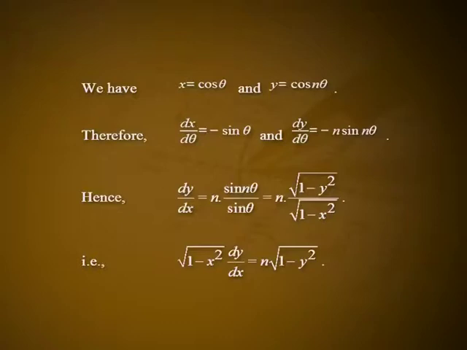Therefore, dx by d theta is equal to minus sin theta and dy by d theta is equal to minus n sin n theta. Hence, dy by dx is equal to n into sin n theta divided by sin theta, which is equal to n into square root of 1 minus y square divided by square root of 1 minus x square. That is, square root of 1 minus x square into dy by dx is equal to n into square root of 1 minus y square.